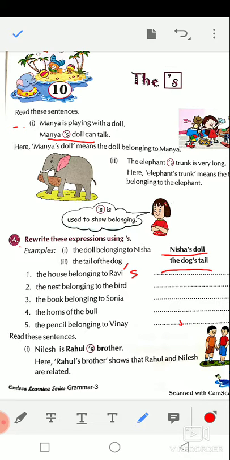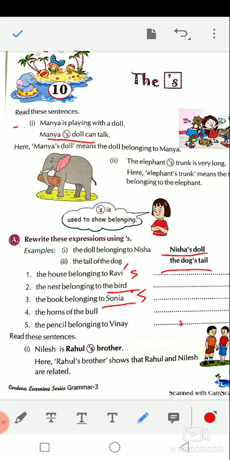The nest belonging to the bird means we are talking about this nest and it belongs to the bird. So we can also say bird's nest. The book belonging to Sonia, we can also say this book is of Sonia. This book belongs to Sonia. We can also write Sonia's book. The horns of the bull, bull's horns.